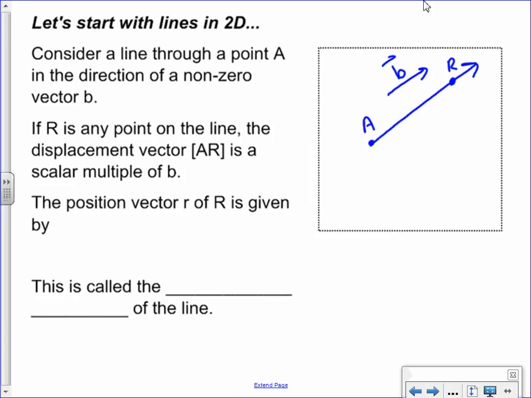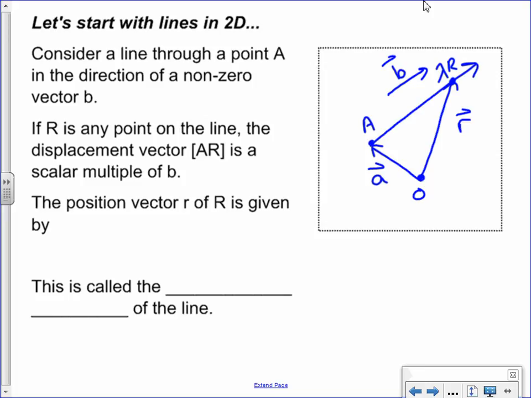All right. So if we were to set the displacement vectors, you would have from the origin the vector A, true, and the vector R, right? And remember, R is some scalar multiple of V, so let's use lambda.